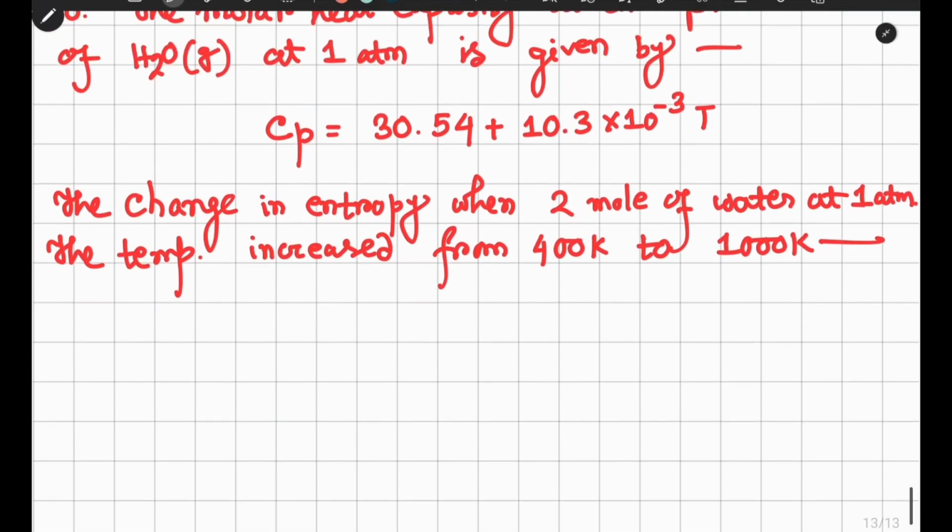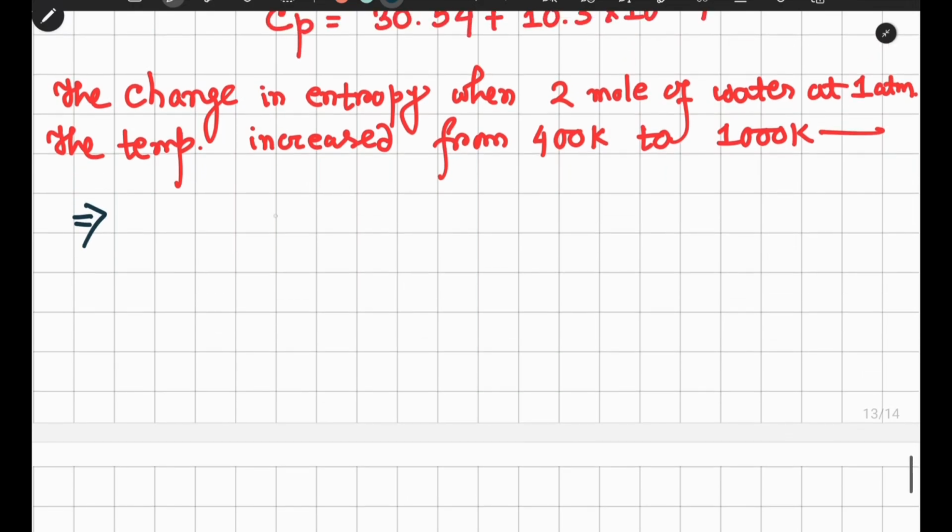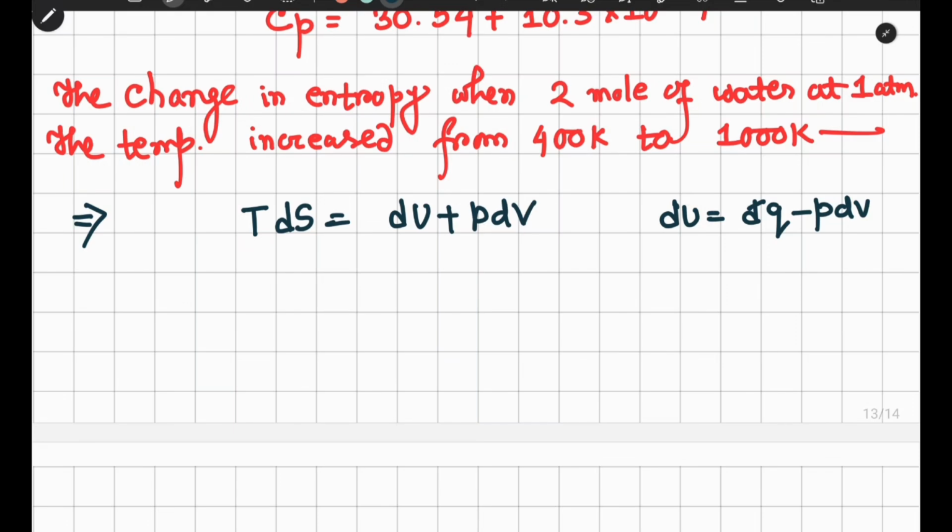Okay, so now what will be our formula? We know that TdS is eventually d cross q. And we know dU is d cross q minus PdV, considering only the mechanical work. Then d cross q is dU plus PdV. And dU is eventually CvdT.